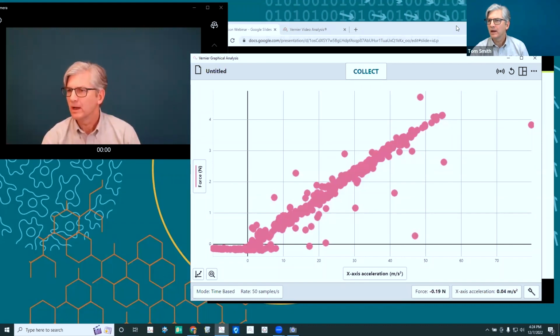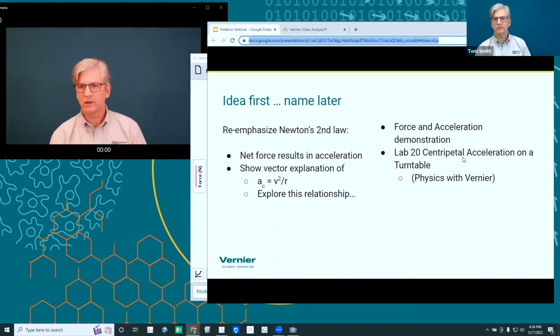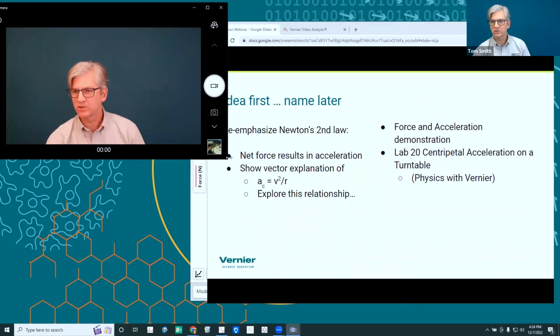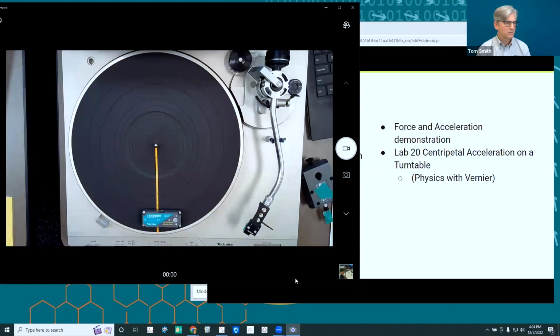The other activity that we had outlined here is using not our force and acceleration sensor, but just our acceleration sensor on a turntable. Let me make that a little bit larger so we can see it.